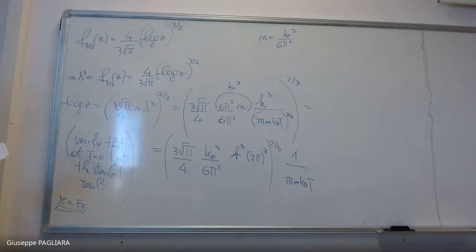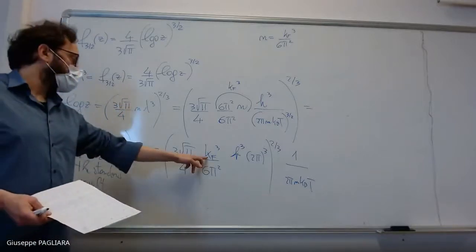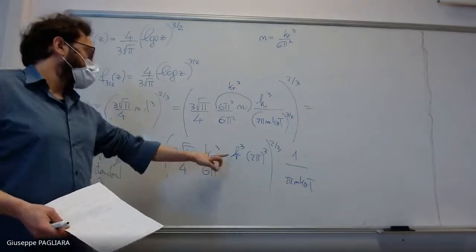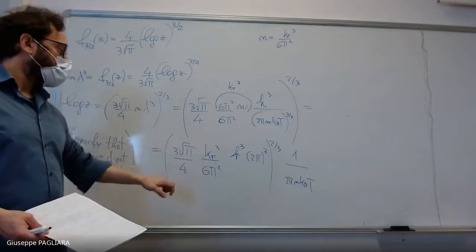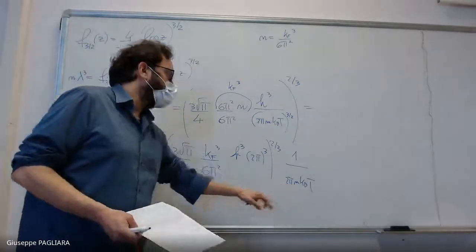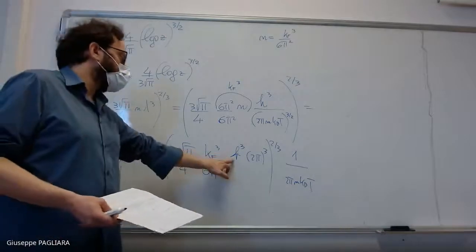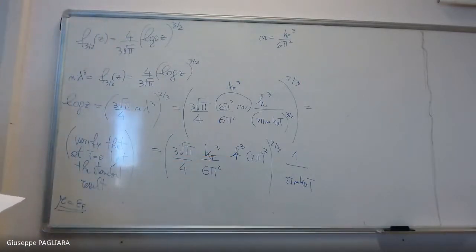Now it's a matter of doing the calculation, but as you see here, I get a kf to the power of 2/3, which is a kf squared. Then I get here a 2m, and then I get another h bar squared, which is just the Fermi energy. Therefore, if I work out also the pi, how many pi do I have here?